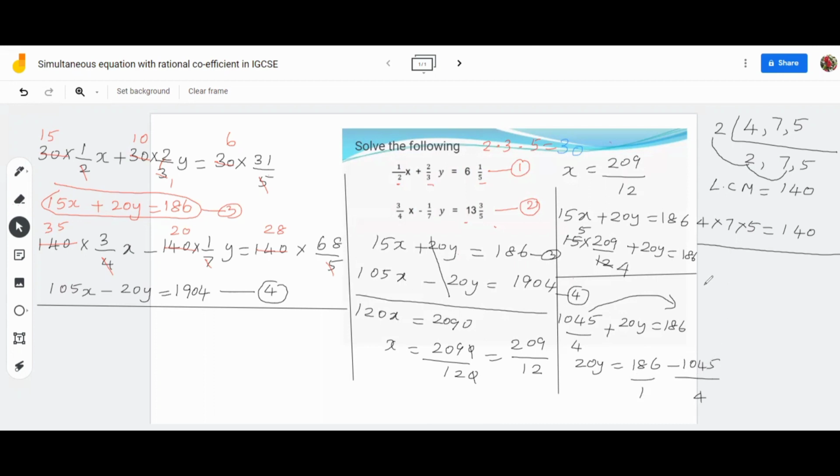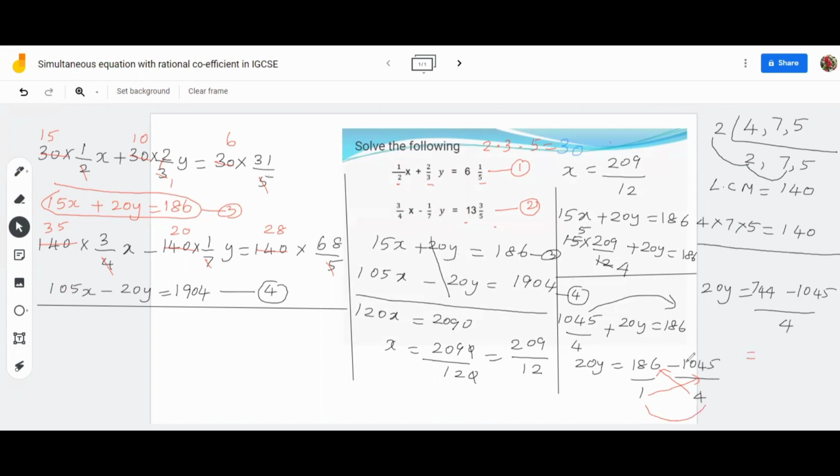Better you can do the cross multiplication. 20y equals, if you do the cross multiplication, 186 times 4 equals 744 minus 1045 over 4. When you do the cross multiplication, just multiply 4 times 186 and then 1 times 1045. Finally, 1 multiplied by 4 is 4.